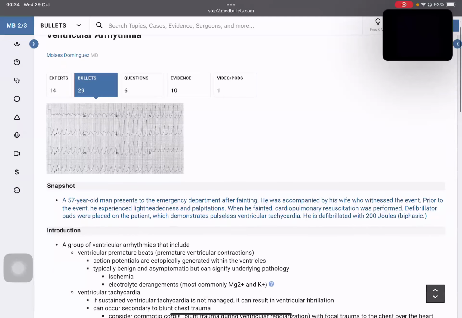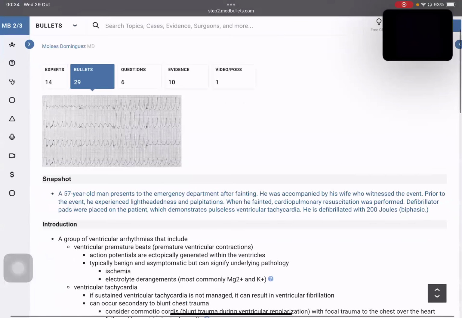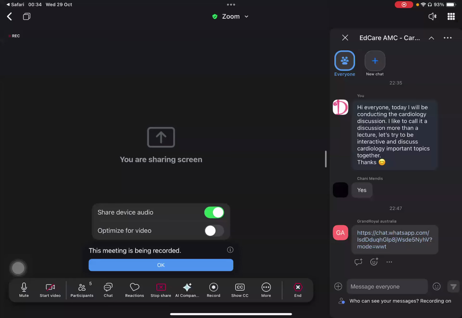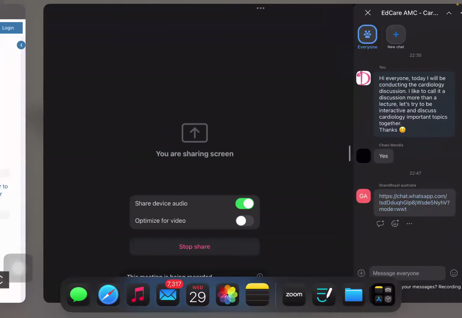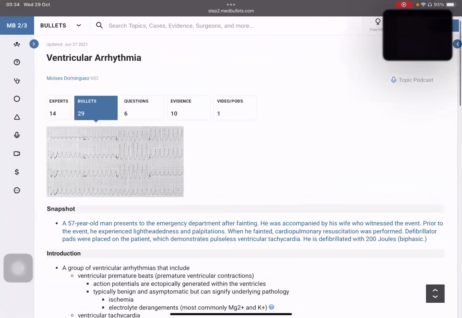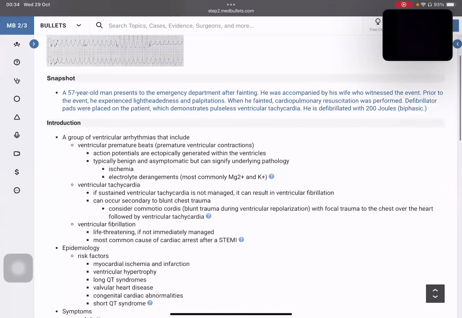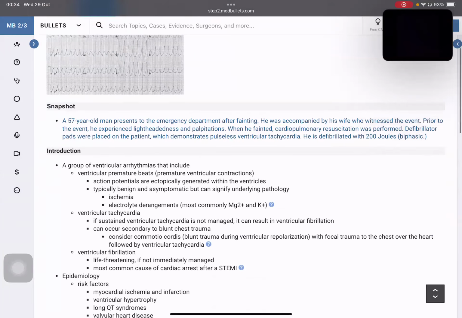So you can see, it always comes up with a little... I hope you all can see my screen. If you can't see, please comment on the chat. So yes, you'll see the question, a little introduction on what we are reading.